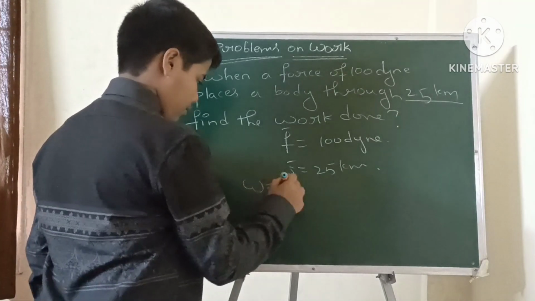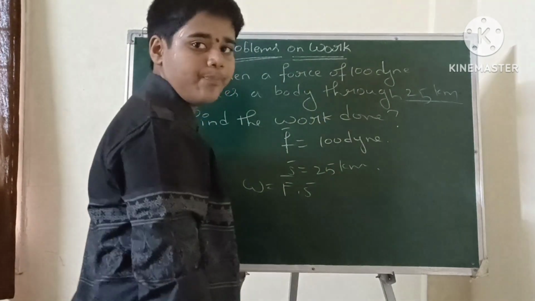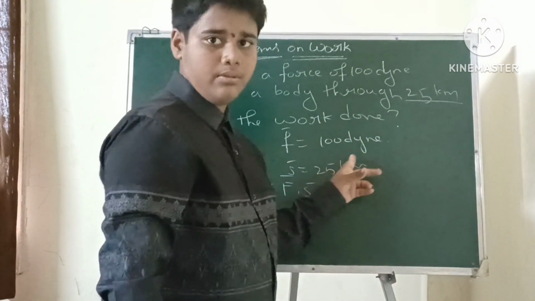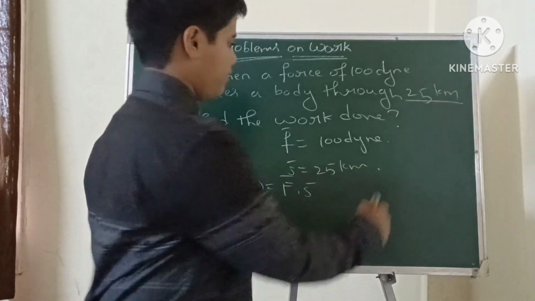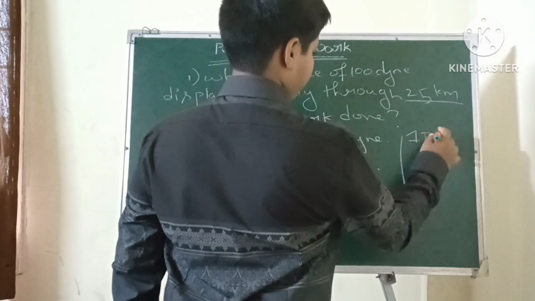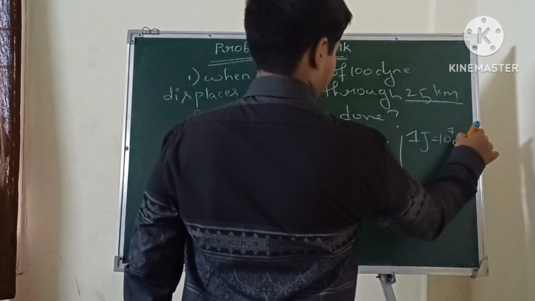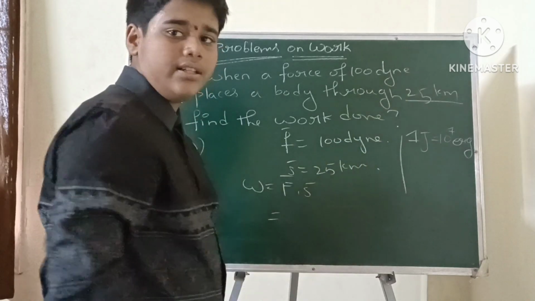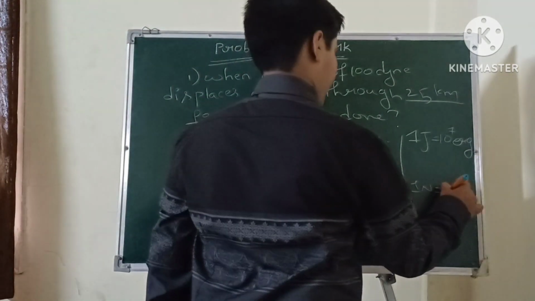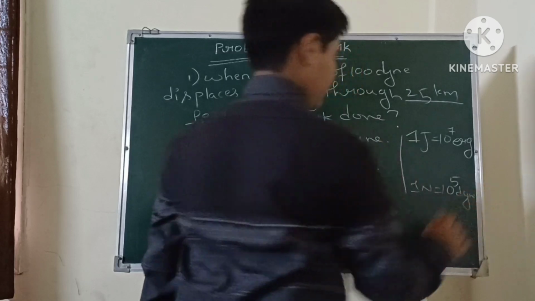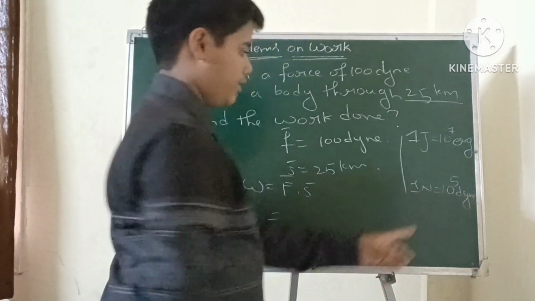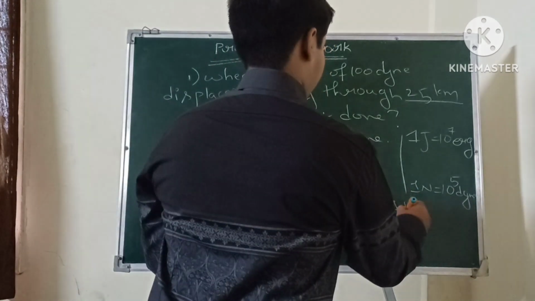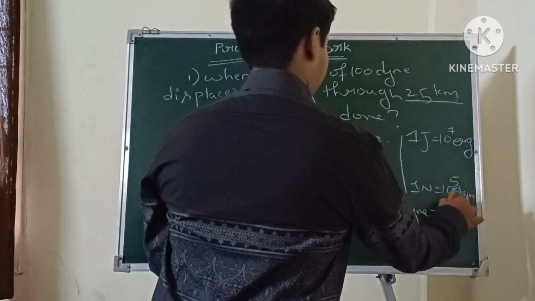Work done means force into displacement. Here force is 100 dyne, and we have to convert into joule. The relation is 1 joule equals 10 power 7 erg. We already learnt 1 newton equals 10 power 5 dyne, so 1 dyne is 10 power minus 5 newtons.